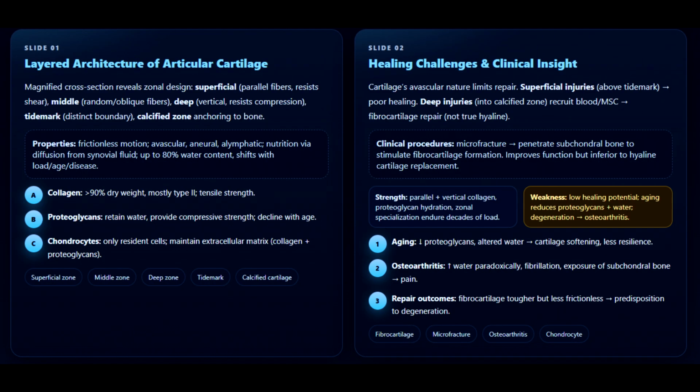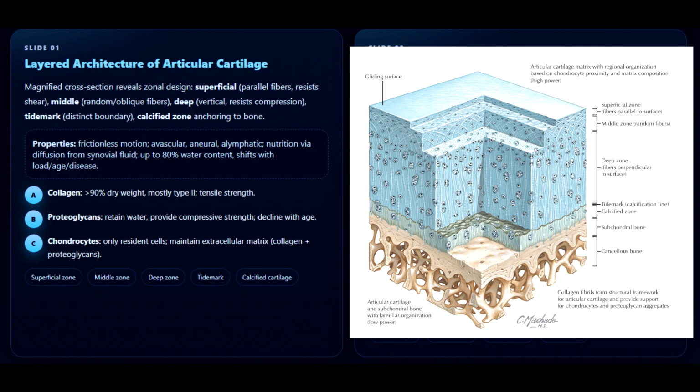Now, let us focus our attention on this striking illustration, which magnifies the articular cartilage and its relationship with the underlying subchondral bone. What we are looking at here is not just a smooth surface, but a highly specialized tissue with complex architecture designed to withstand the enormous forces of daily movement.